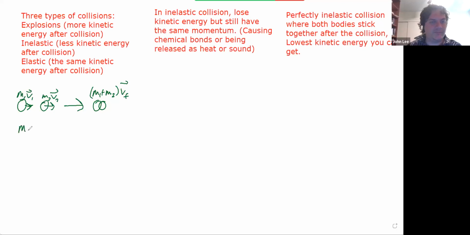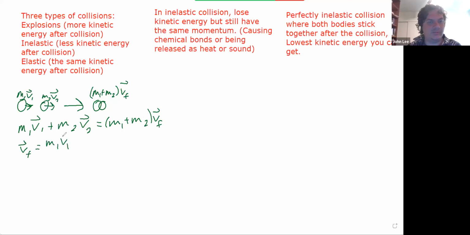So M1 V1 plus M2 V2 is equal to M1 plus M2 times V final. So V final is equal to M1 V1 plus M2 V2 over M1 plus M2.